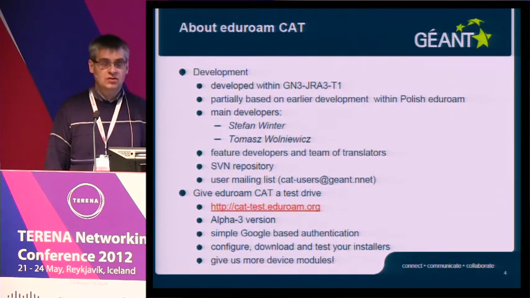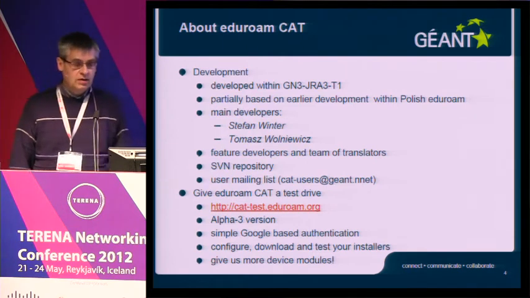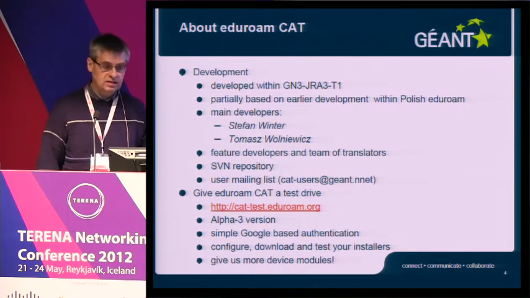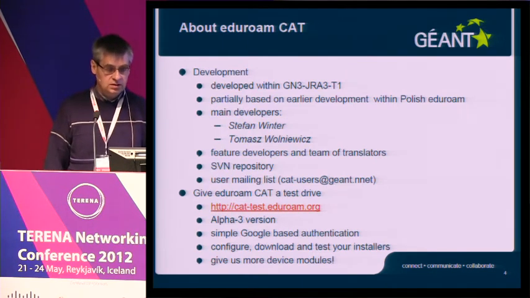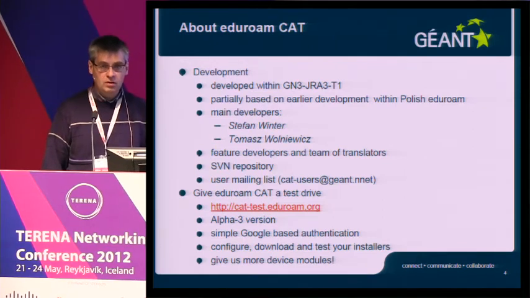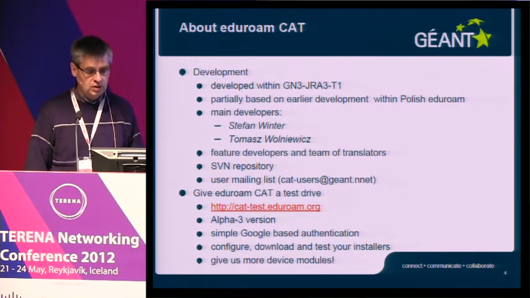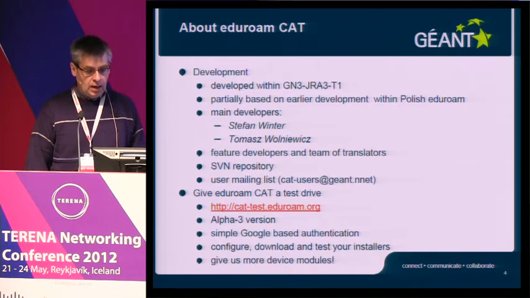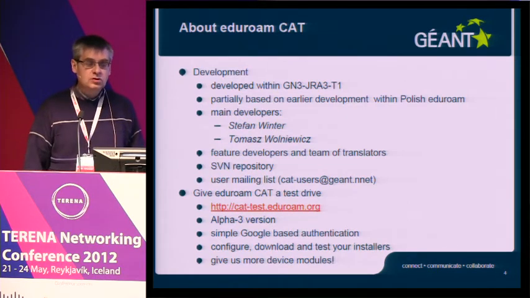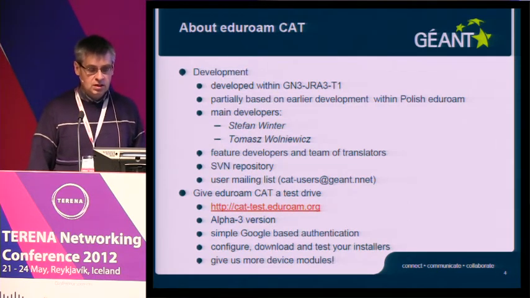And you can actually give it a try. If you go to cat-test.eduroam.org, you can try the current test version. Currently, it is Alpha 3, we hope to go for a Beta 1 soon. The current version uses a simple Google-based authentication.